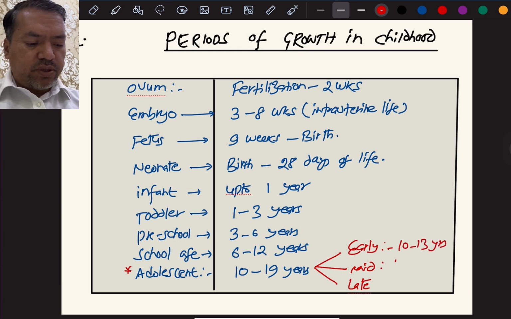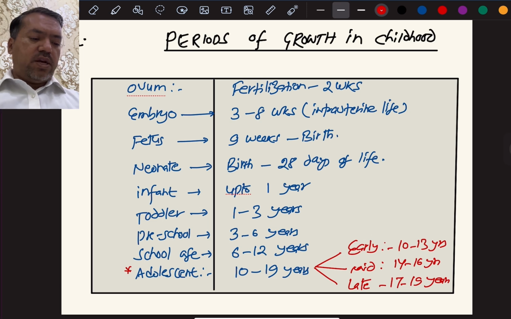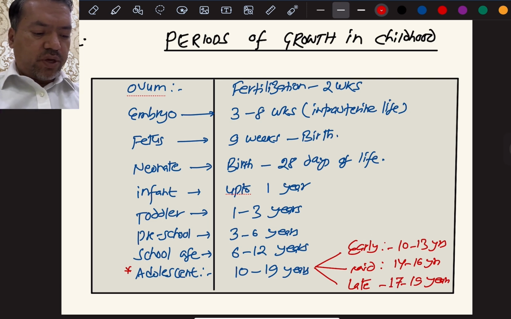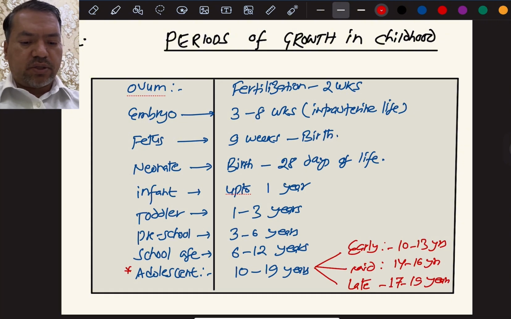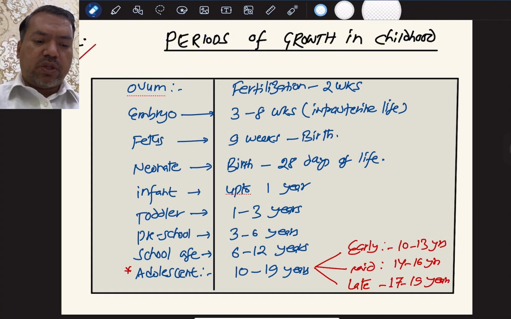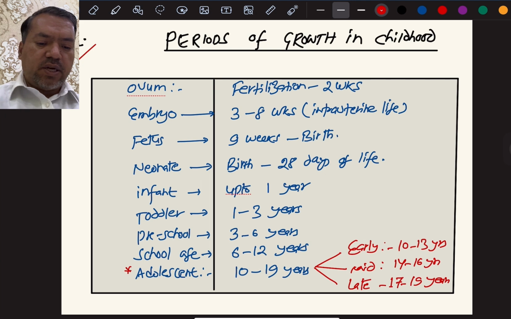Mid is 14 to 16 years. And late is 17 to 19 years. So this is how we know the periods of growth in childhood. This is a very important thing. So in the OSCE exam, we can easily ask some of the questions from here.